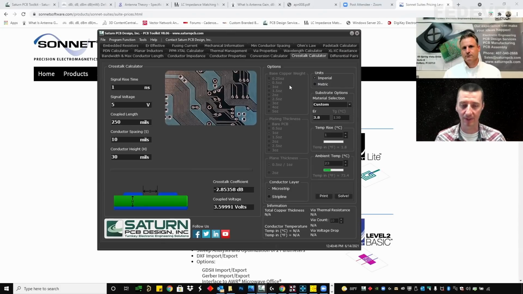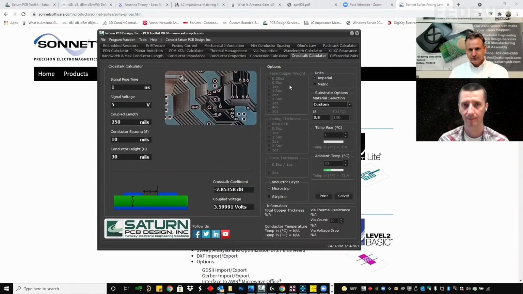Because in simulations, or maybe on a real board, usually there is not as high a coupled voltage as in this super theoretical calculation. In my opinion, one of the reasons is maybe there are real drivers, and these will have some real parameters. So what is your opinion about this theoretical crosstalk calculator?